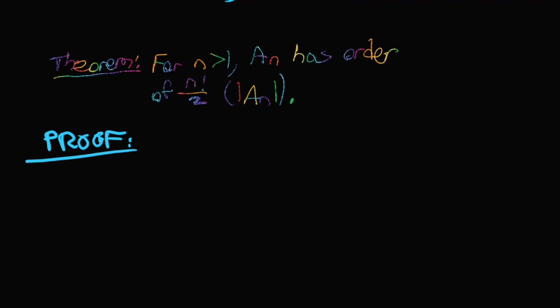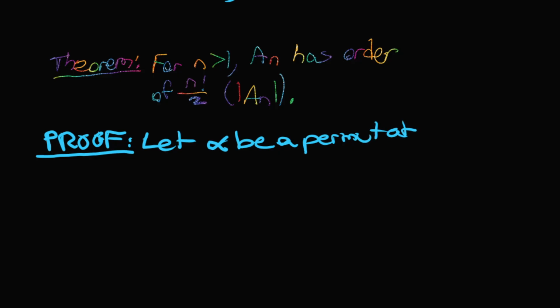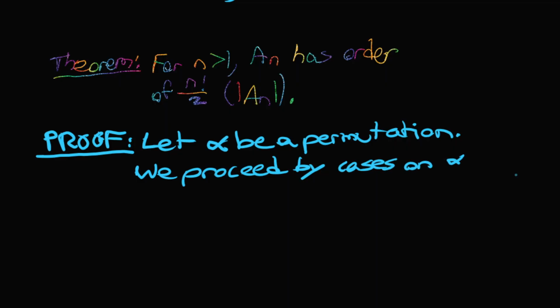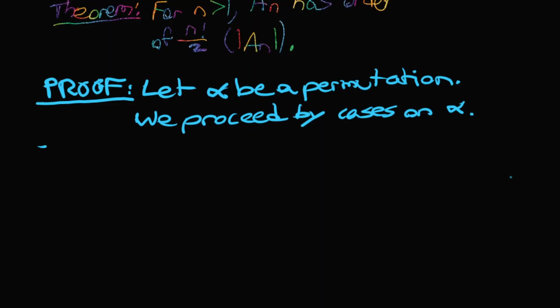So let alpha be a permutation. We proceed by cases on alpha.